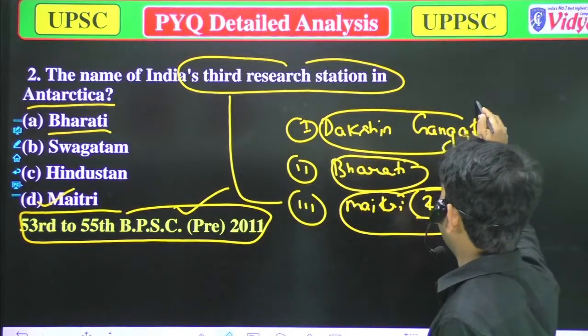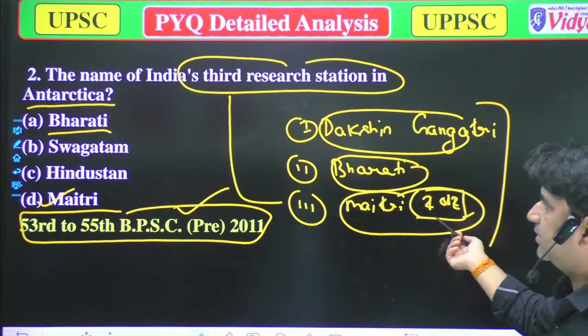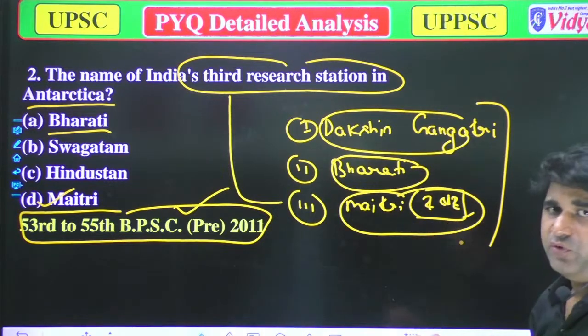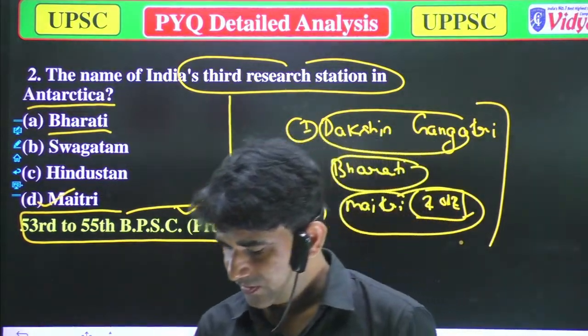I have talked about every research station, that is Dakshin Gangotri, then Bharati, then Maitri. Because the repetition of these questions is increasing day by day, it may be C.